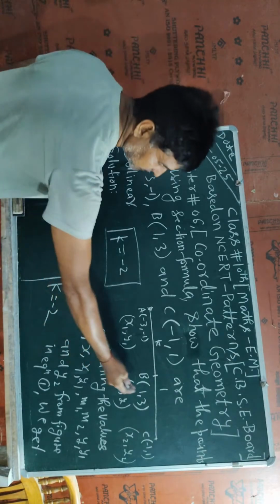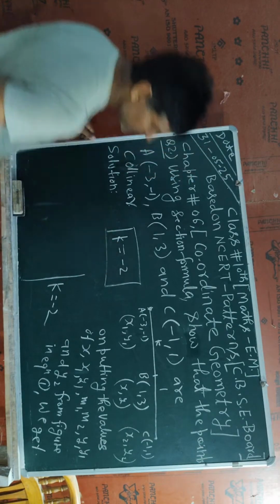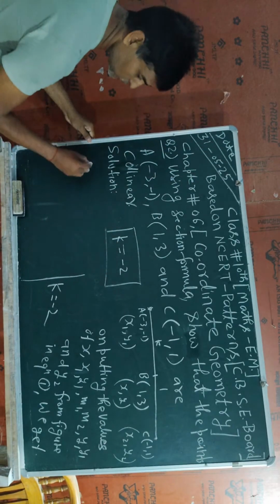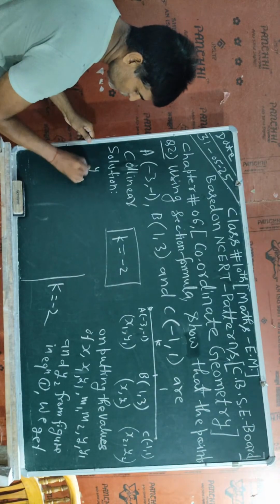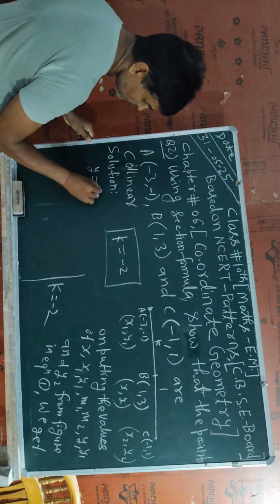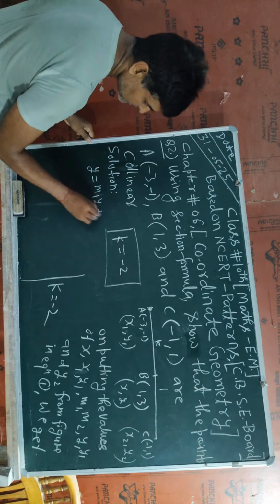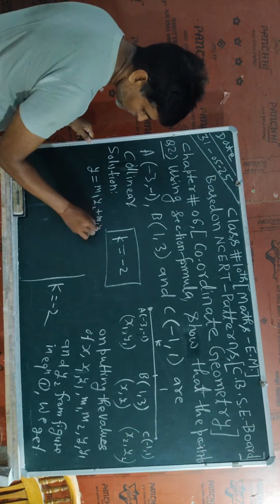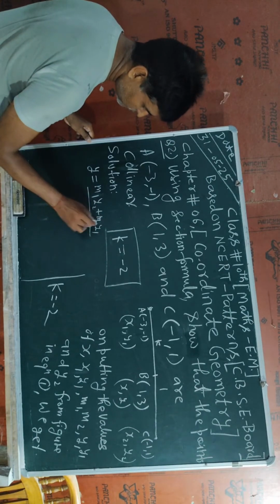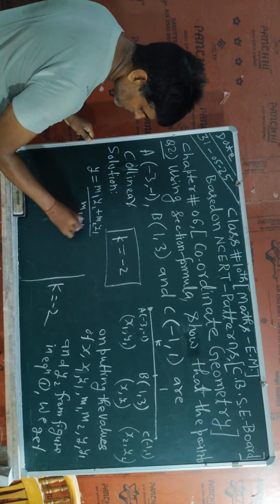When I took the x coordinate, I got the value of k equal to minus 2. Now I am going to equate the y coordinate. For the y coordinate I have to also write k is equal to m2 y1 plus m1 y2 divided by m1 plus m2.